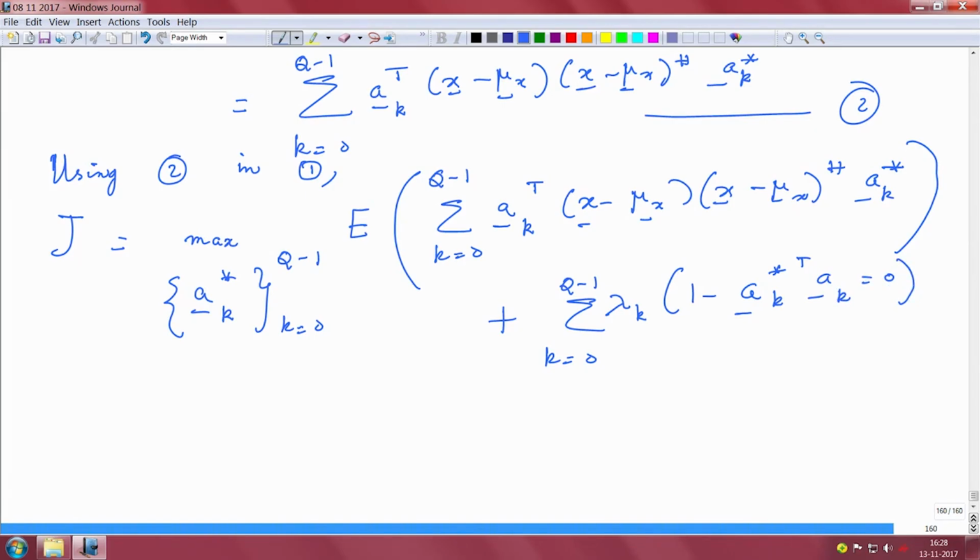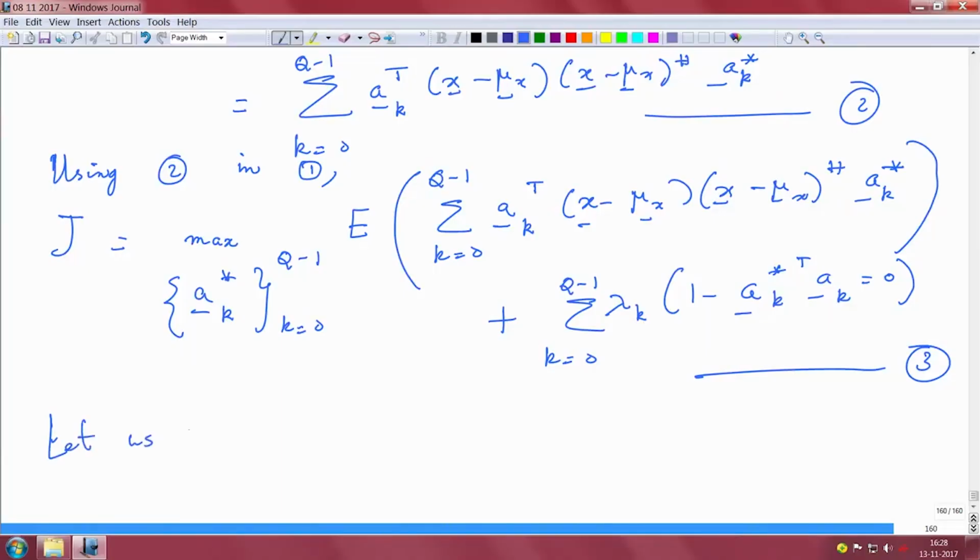It still looks messy, but we can simplify because you can pull this expectation inside. Expectation is a linear operator, right? That property we will apply. Now J, let us simplify 3.